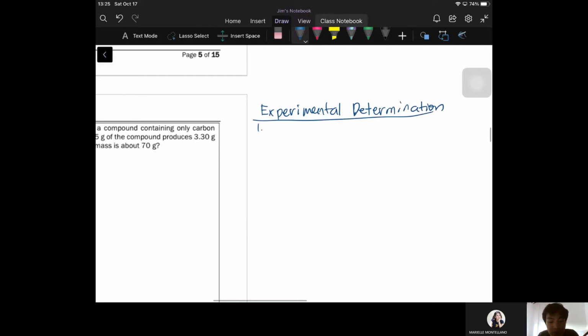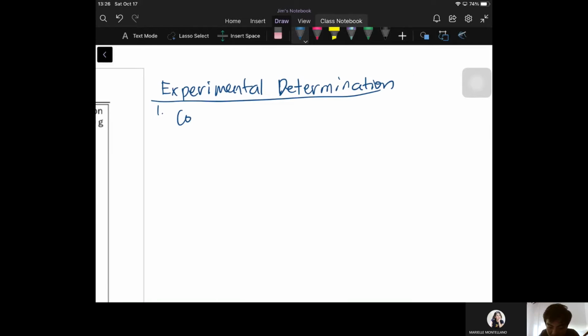So, gawin natin to. So, step 1. Ano yung step 1 natin? Convert mass ng H2O, mass ng water, at mass ng CO2 into mass carbon, mass hydrogen. Okay? So, ganun yung first step parate.